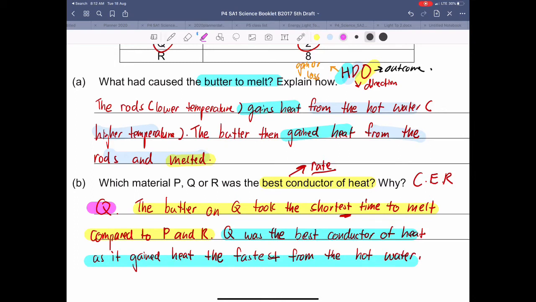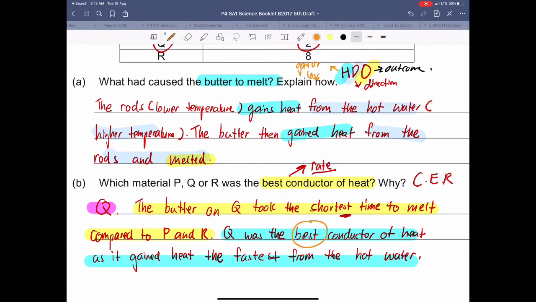Now, be very careful. I want to stress once again that you have to use words like best conductor of heat. You cannot say good conductor of heat. Okay, because you don't know what is material XYZ. Oh, sorry. PQR. You don't know what are they. Okay, but yeah, exactly.